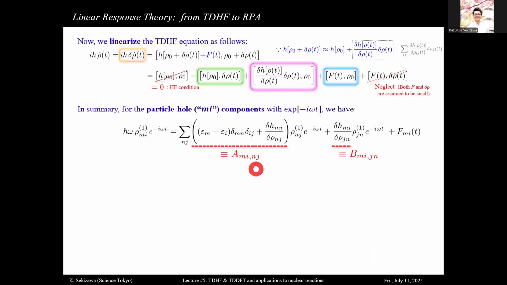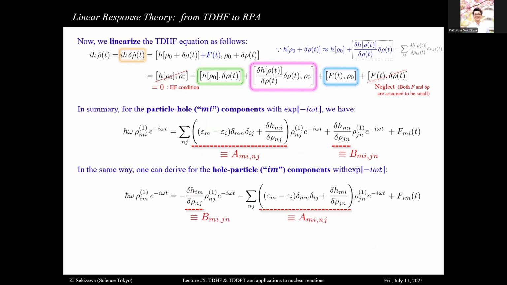This is just to write the equation in a compact form. But exactly the same way, you can consider the hole-particle component. Hole-particle means instead of the MI index, you consider the IM index. And you can derive a very similar equation from the hole-particle components.